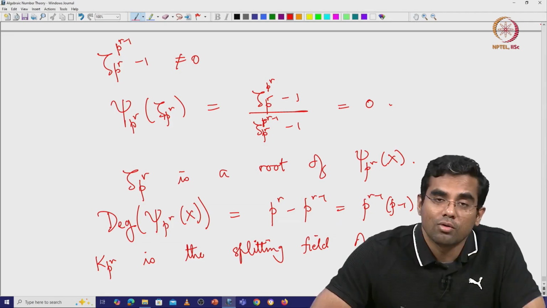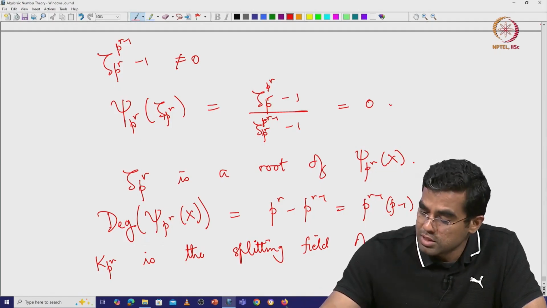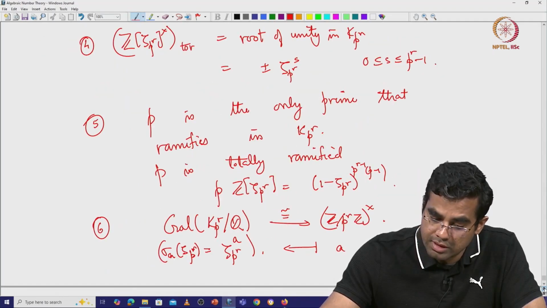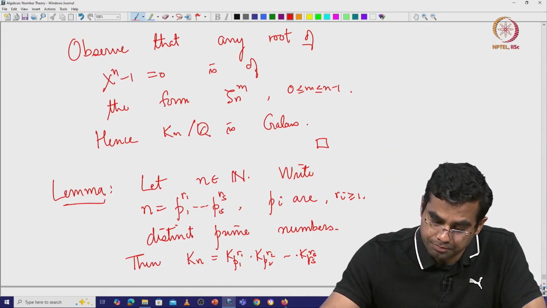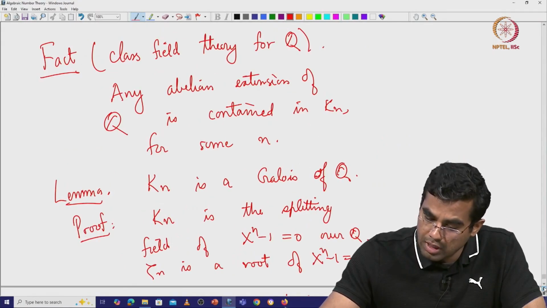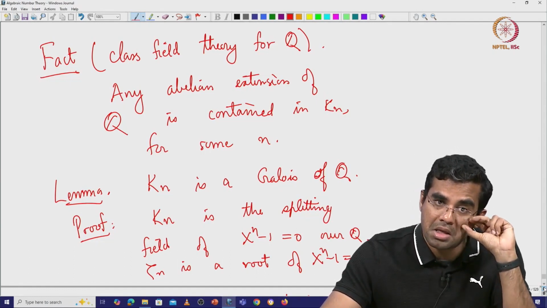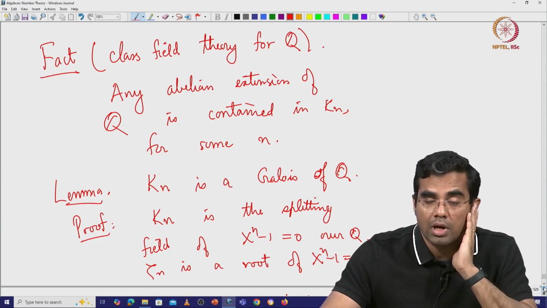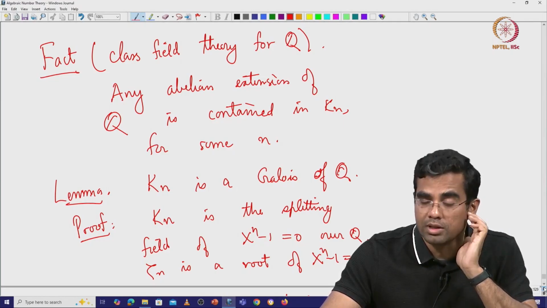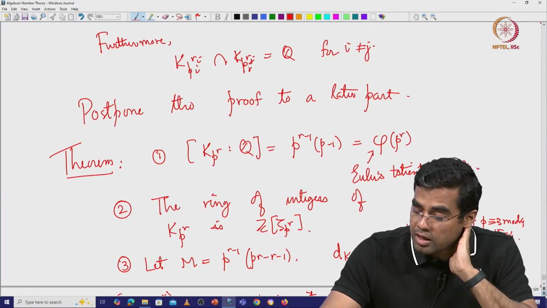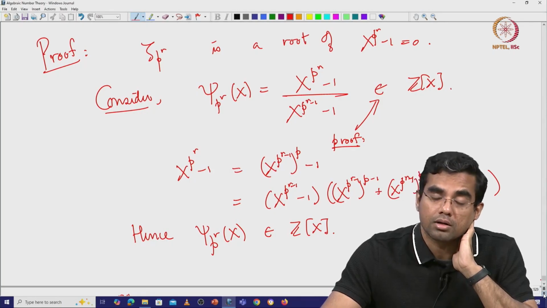Right. So, one field can be a splitting field of many different polynomials. Do not confuse this, because I said earlier that K n is a splitting field of x to the n minus 1. So, K p to the r will be the splitting field of x to the p to the r minus 1 equal to 0, but K p to the r is also the splitting field of psi p to the r.